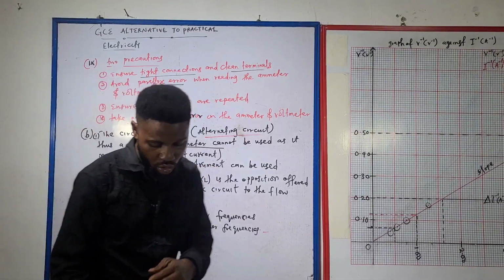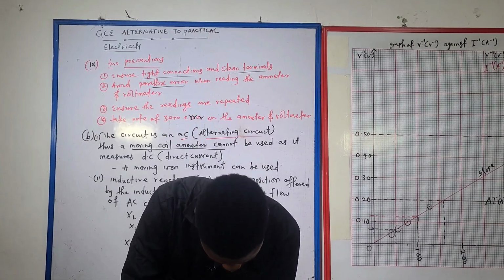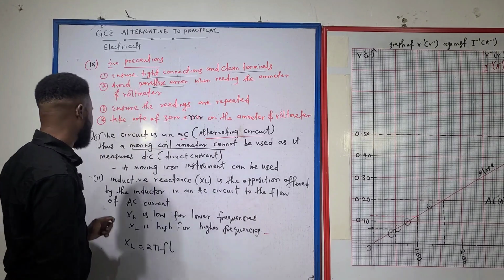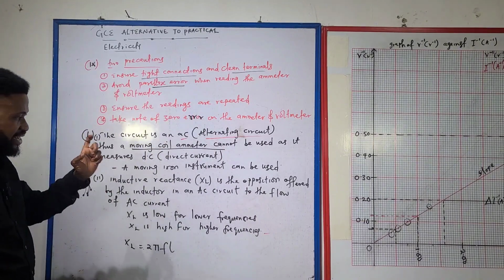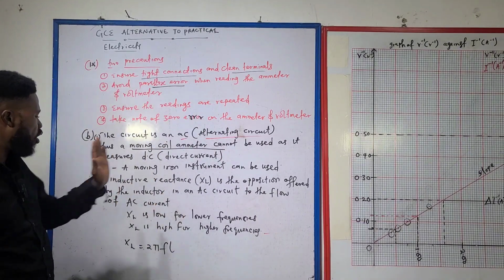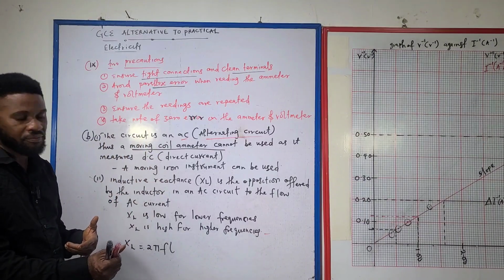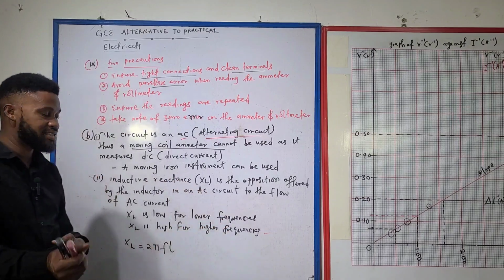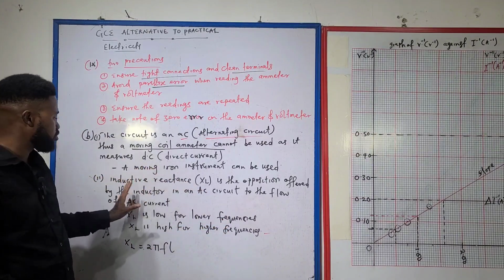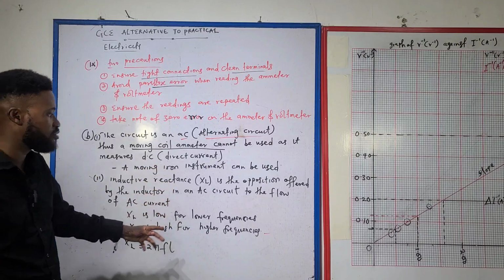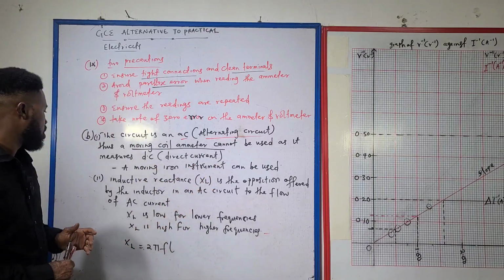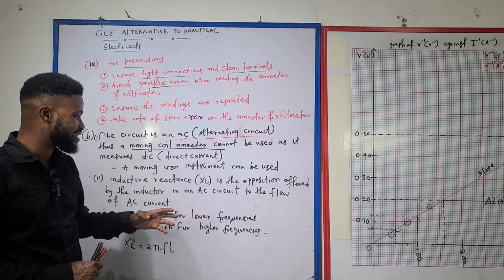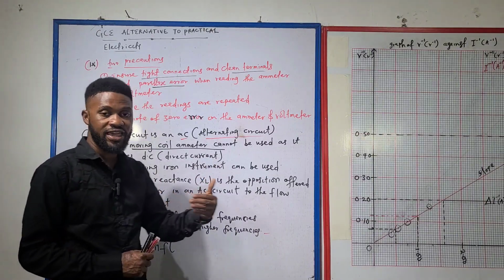Okay, on B2, we were being asked another question. The question states, define inductive reactance. Inductive reactance, XL, is the opposition offered by the inductor. If it were capacitive reactance, it's going to be by the capacitor, but in this case, it is by the inductor. Inductive reactance, XL, is the opposition by the inductor in an AC circuit to the flow of AC current.